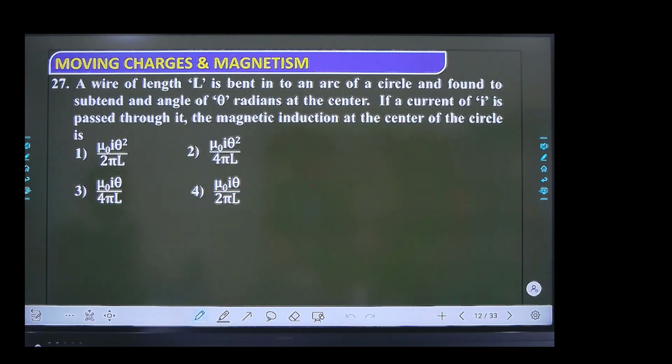Next, a wire of length L is bent in an arc of circle and found to subtend an angle theta at the center.